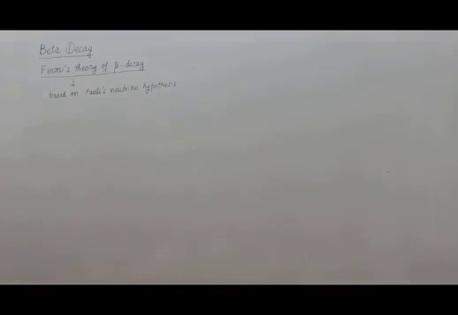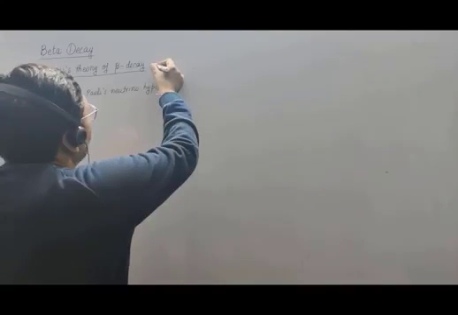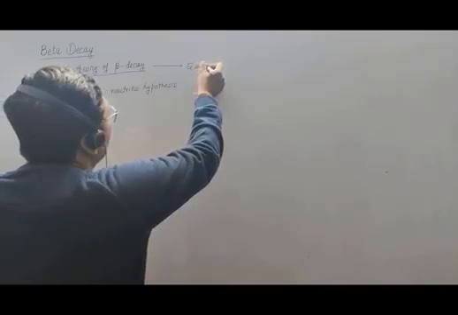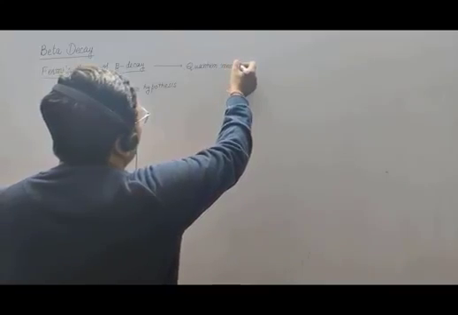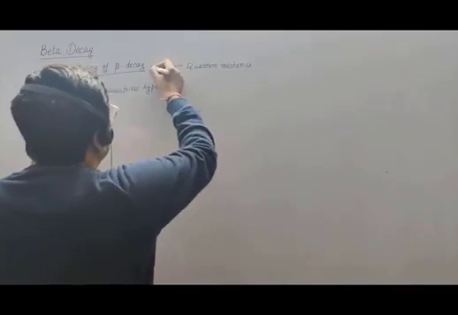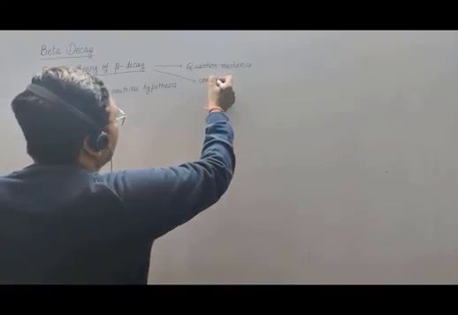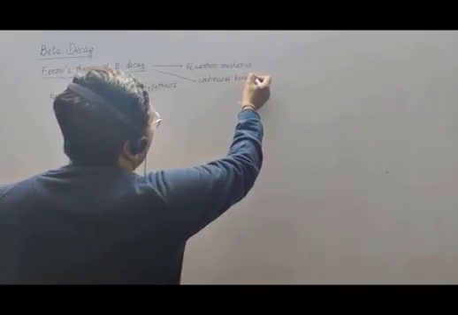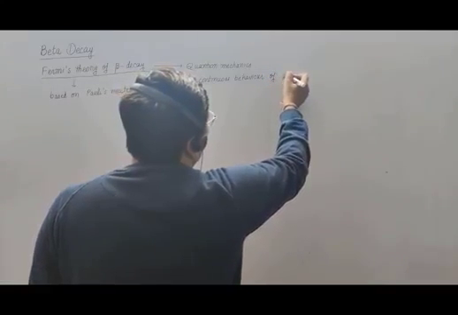Basically, he used quantum mechanics to find out the continuous spectrum and decay constant. On the basis of this theory, he was able to explain the continuous behavior of the beta particle spectrum.